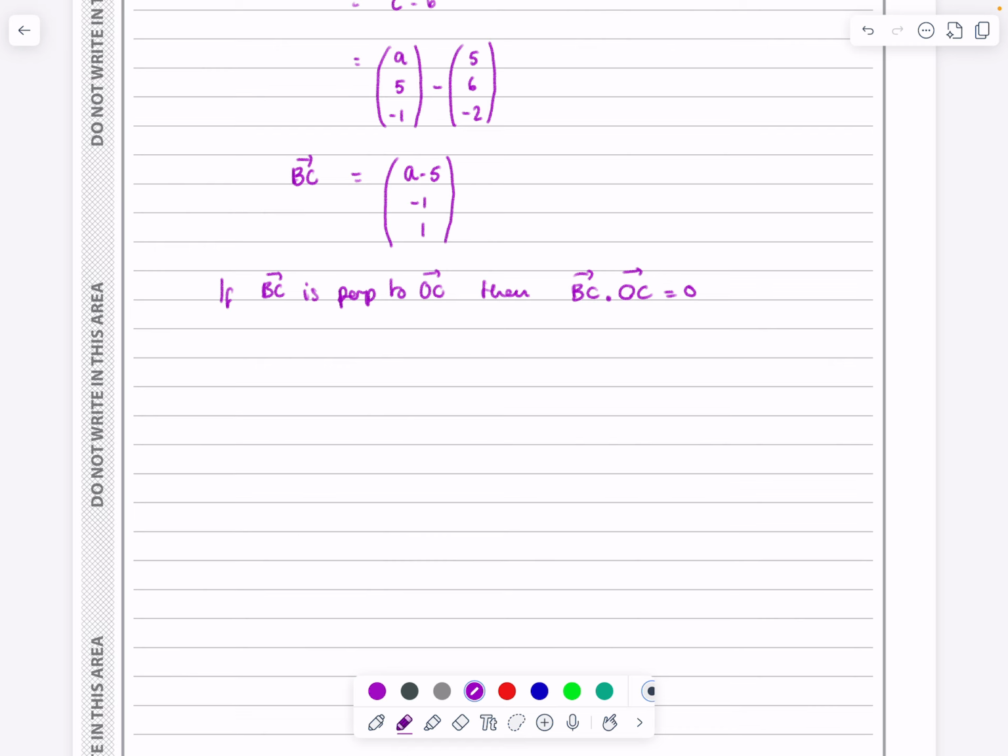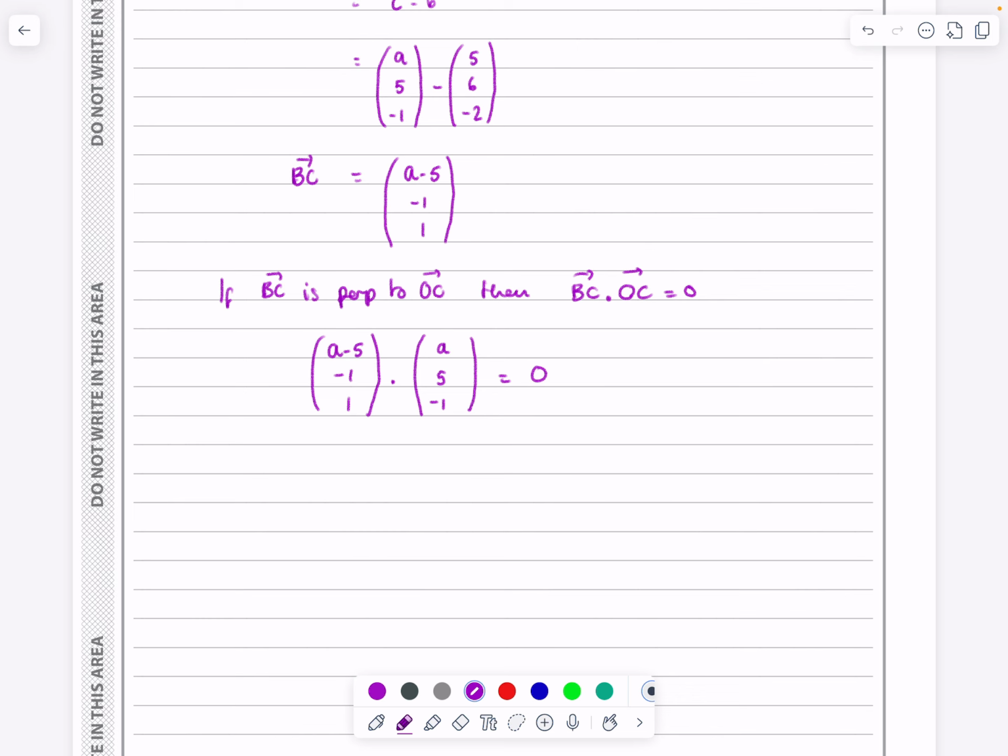BC dot, or OC dot BC, whichever way around, that's going to be equal to 0. So that's A minus 5, minus 1, 1, dotted with, and OC was A, 5, minus 1. So the scalar product of those 2 has to be equal to 0.